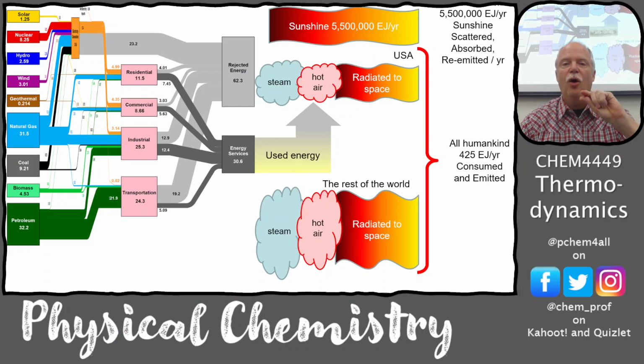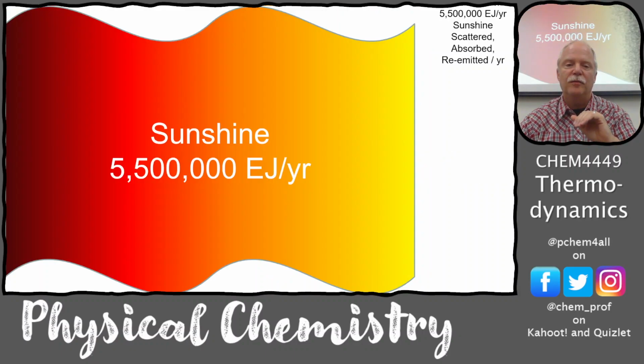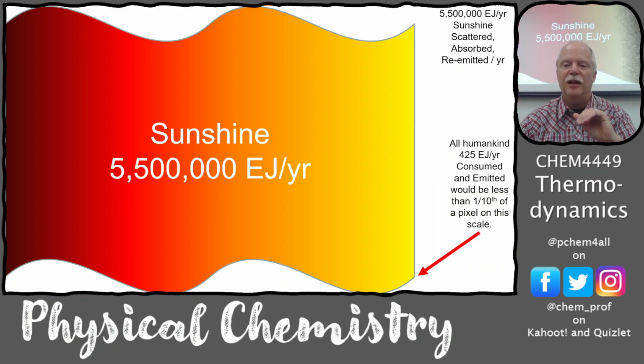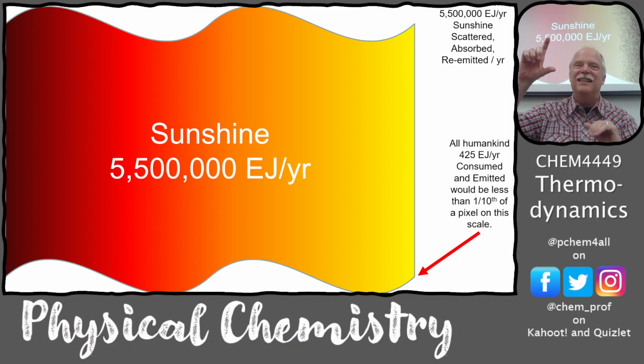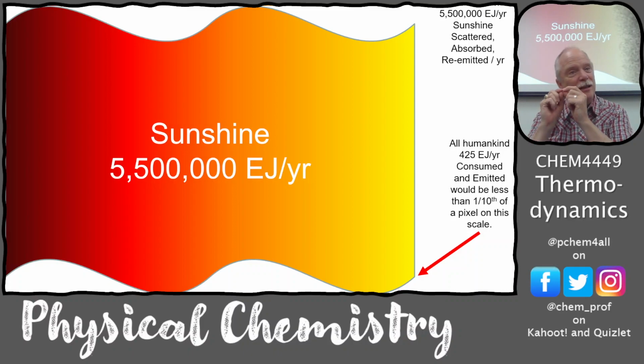It's like 0.01%, less than 1 in 1,000. So if this is to scale, if that's our sunshine number, then all humankind is 1/10 of a pixel. If we have 1,000 pixels on the screen vertically, and we're 1 in 10,000, we're 1/10 of a pixel on this scale in terms of the heat that we generate.